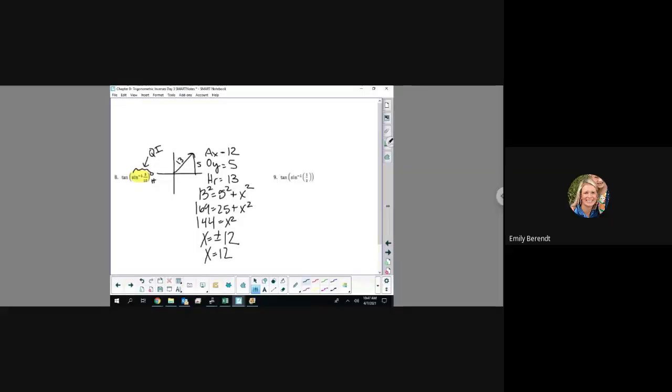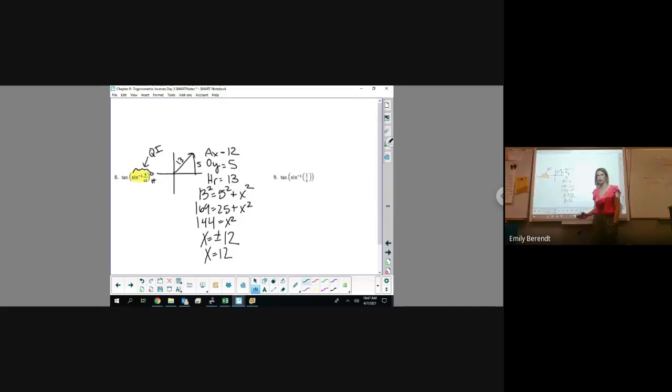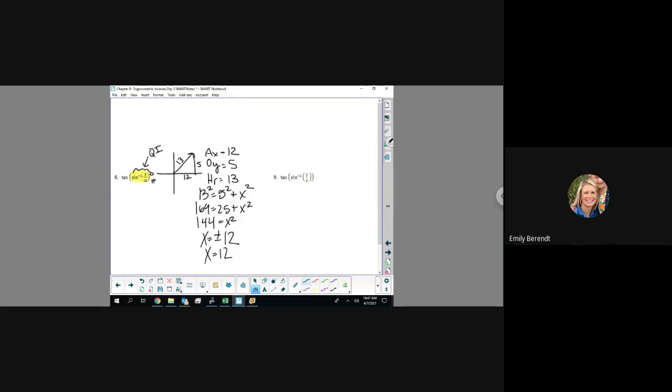The x's and y's, the opposites and the adjacents can be positive or negative. The hypotenuses always have to be positive. We're missing the x, and it's in quadrant 1, so we choose the positive value 12. So if you know your triples and you know what quadrant you're in, just go straight to it. If you don't know your triples, work out Pythag. So we know we've got 12 for our x. All right, what angle is it? Do we know what angle it is?